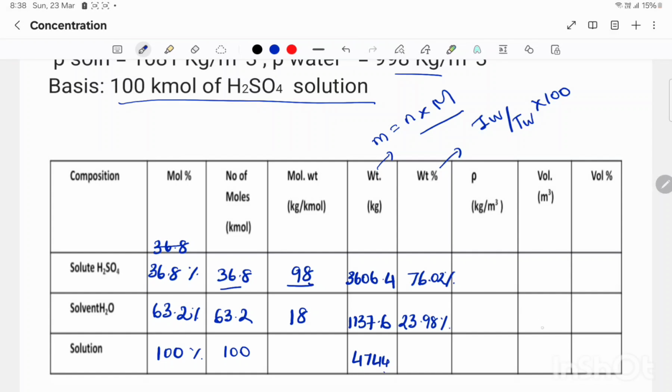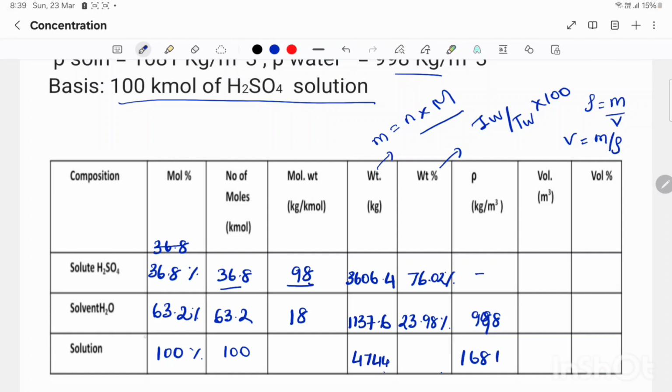Next, we need to calculate the volume. The density of the solvent water is given as 998, and for the solution it is given as 1681. We know the formula, density is equal to mass by volume, so volume is equal to mass by density. We cannot find it for the solute since its density is not given.